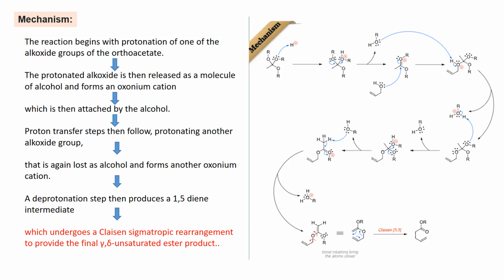Then again through deprotonation of this CH3, of this sp3 CH bond, we get this 1,4-diene intermediate. Then after that, what will happen? It will undergo a 3,3 sigmatropic reaction, because this is 1,5-diene.